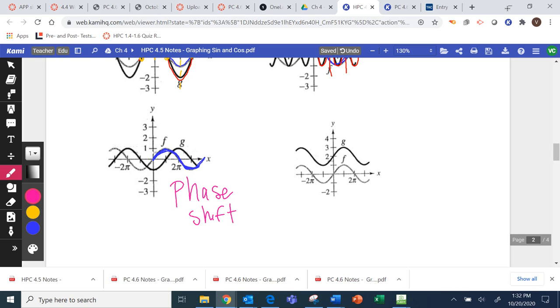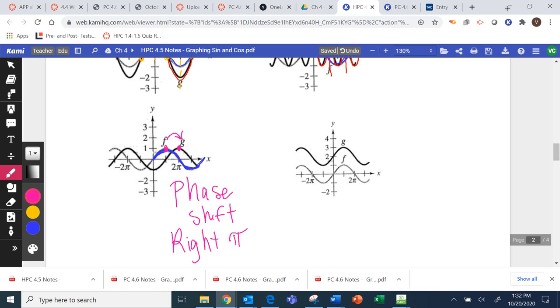I'm going to look at f right here, and then g right here, and that goes which direction? So I will say right. It is in the equation, which I'm not writing down, but in the equation it would say minus. But we're literally moving it to the right pi.